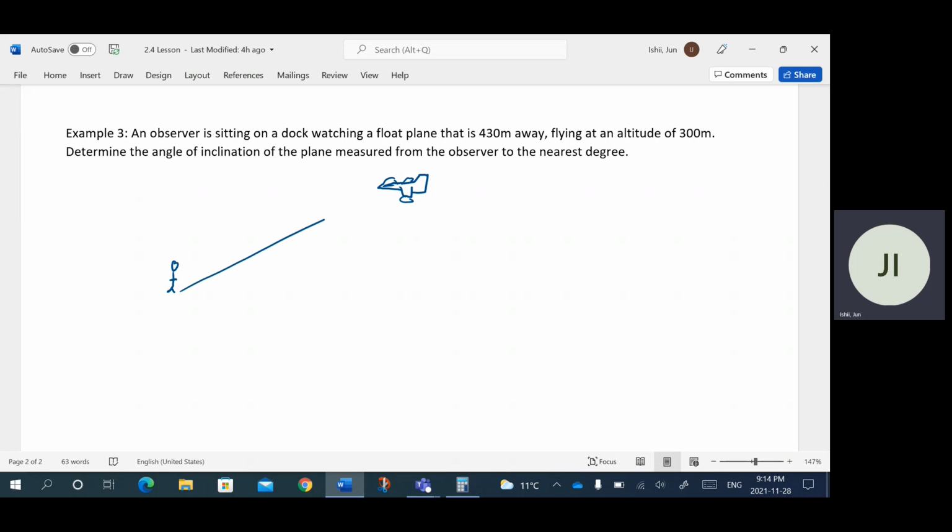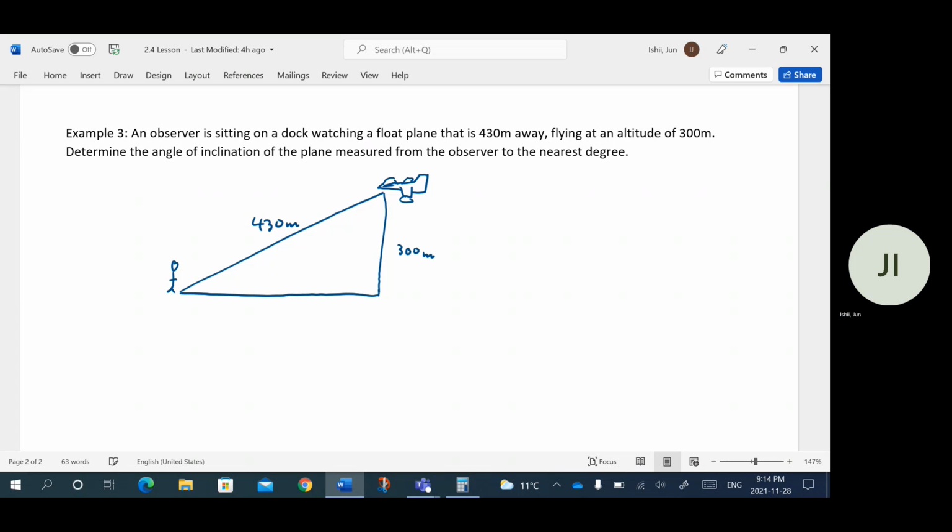The distance from the observer to the plane is 430 meters. And it's flying at an altitude of 300 meters. So the plane itself is 300 meters above the ground, the water. So we can assume that this is 90 degrees.